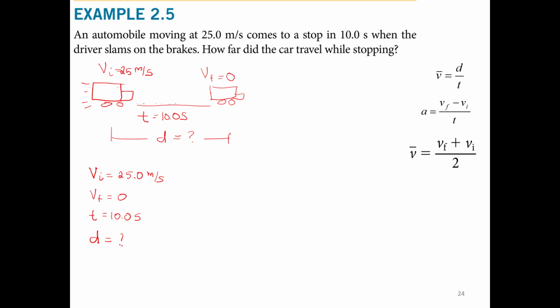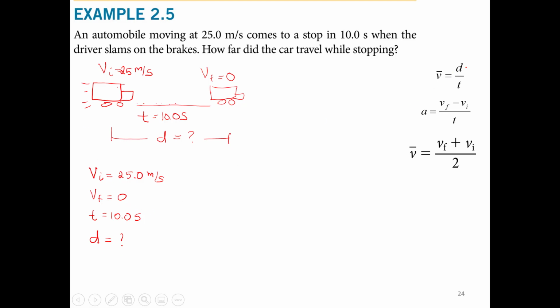Now the next thing, and I will send you the equation sheet. You will have the equation sheet in which you will have all the equations. Then you need to decide what equation we can use to calculate the distance with the information we have.